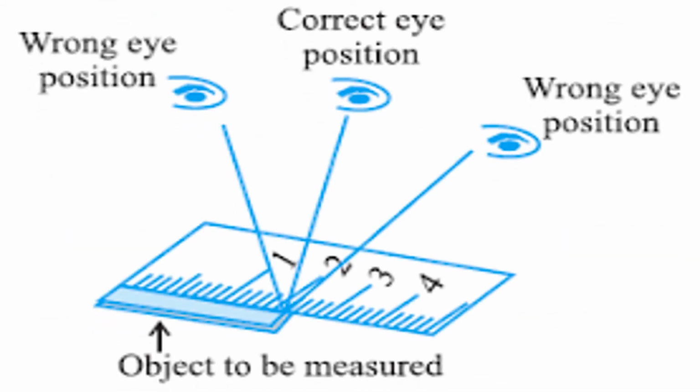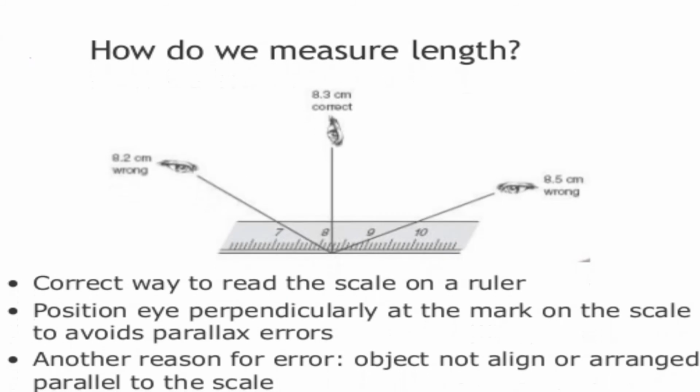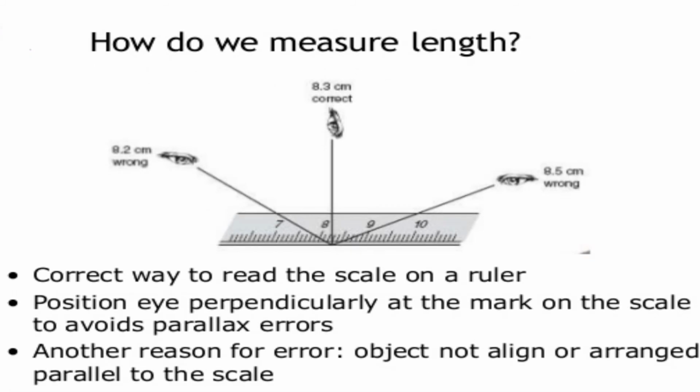See, this is the error we get using a ruler. If you observe from the correct position, the center view, that is fine, but if you observe from the left or right, you may get the wrong length. Only 0.1 or 0.2 millimeter is the error, but we will not get an accurate value using a ruler because of positioning error. How do we measure the length?